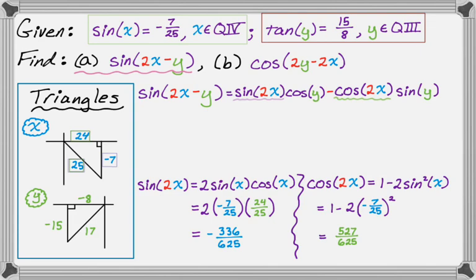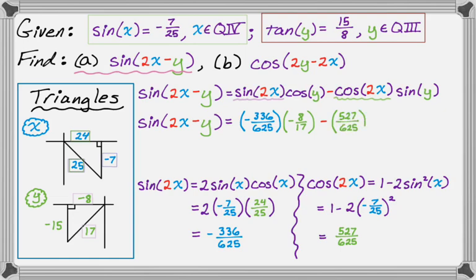All right, so we're actually almost done with this because now it's just substitution. So the sine of 2x minus y is going to be equal to, so sine of 2x we just calculated, negative 336 over 625. Cosine of y, we're going to go to the triangle for y. So adjacent is negative 8, hypotenuse 17, so negative 8 over 17. The minus is a part of it. And then cosine of 2x we calculated, so 527 over 625.